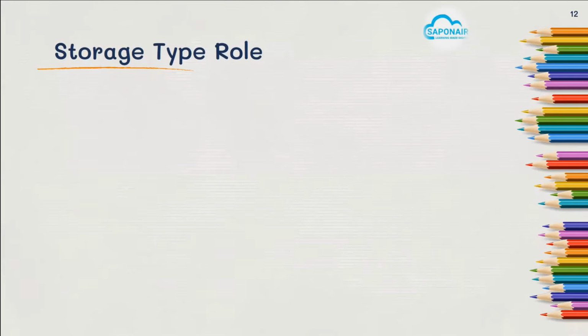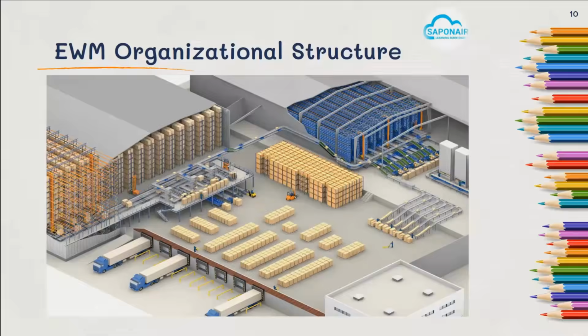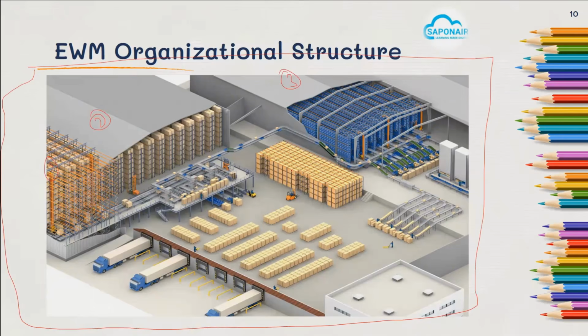If you go back to this picture again, why have I divided it into different areas? We have 1, 2, 3, 4, 5, 6. Can you tell me what is the difference between 5 and 4?